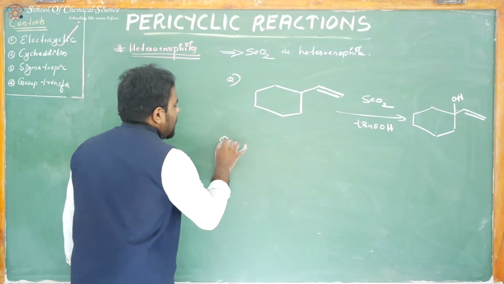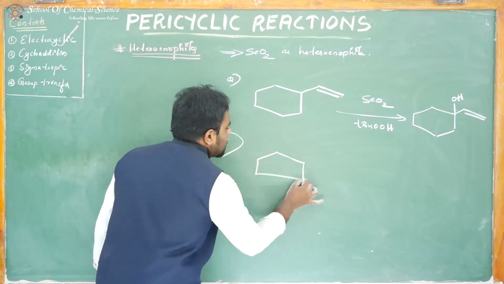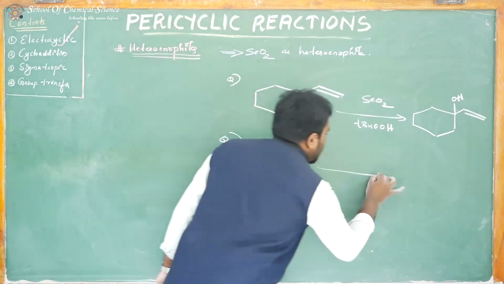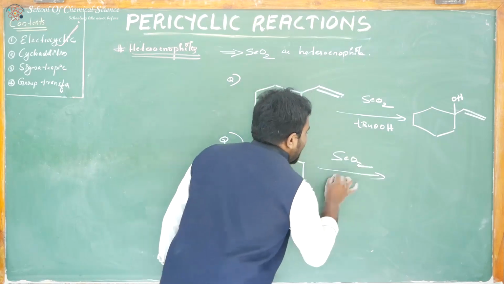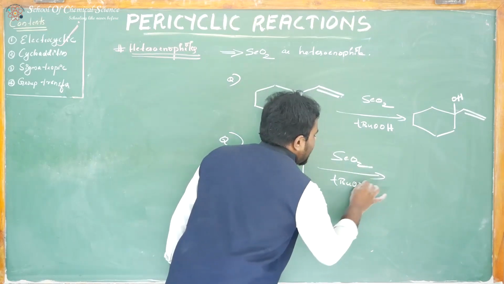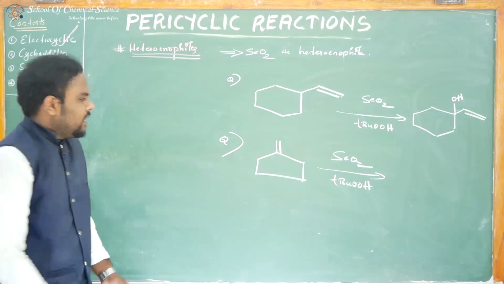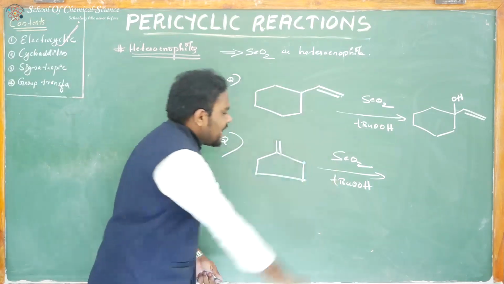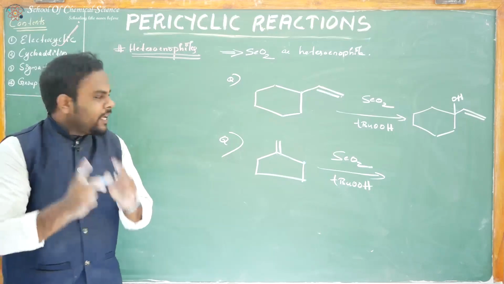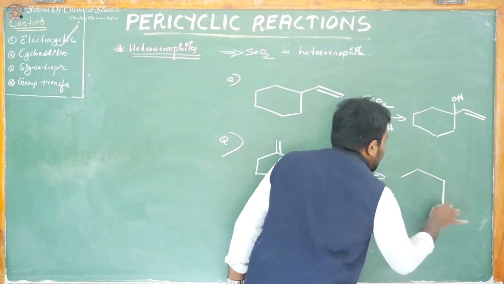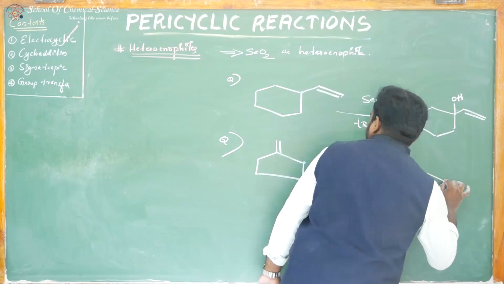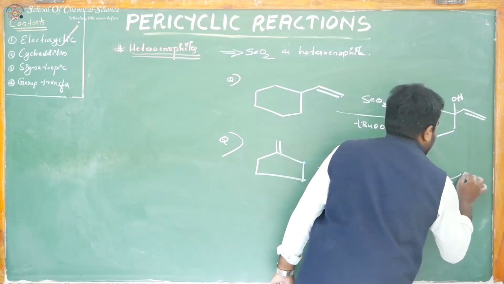Then next question, an allylic system on reaction with selenium dioxide and tertiary butyl hydrogen peroxide. Where is the allylic carbon? This is the allylic carbon. That carbon containing a hydrogen is oxidized to an OH.